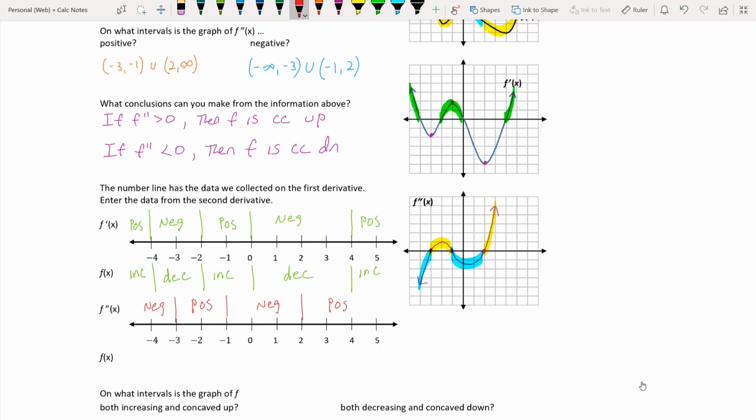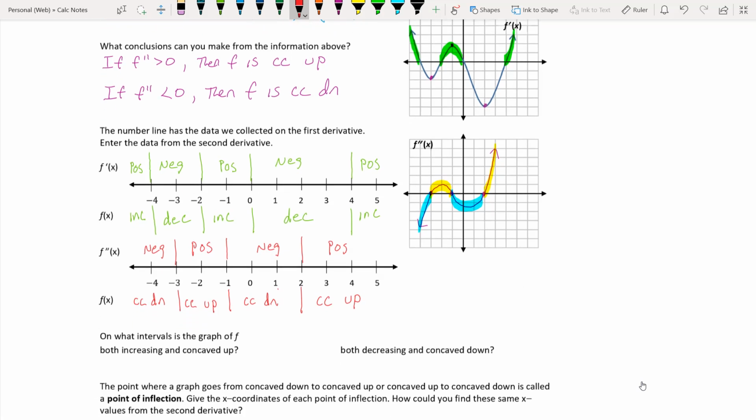Positive from 2 to infinity. So what does that tell us about f of x? If f double prime is negative, then f of x is concave down. So I'm concave down also from negative 1 to 2, which means I'm concave up from negative 3 to negative 1, and from 2 to infinity.